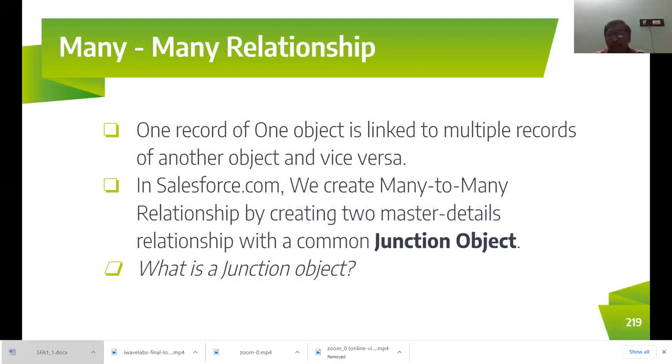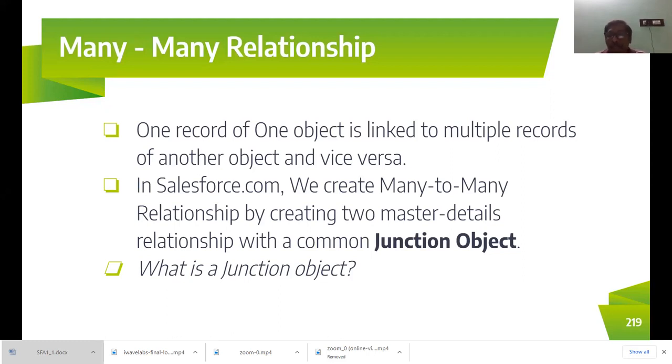A many-to-many relationship is where one record of one object is linked to multiple records of another object. So if you take a primary master, the first record is being connected with multiple child records, right? In Salesforce, we are going to create a many-to-many relationship by creating two master-detail relationships.